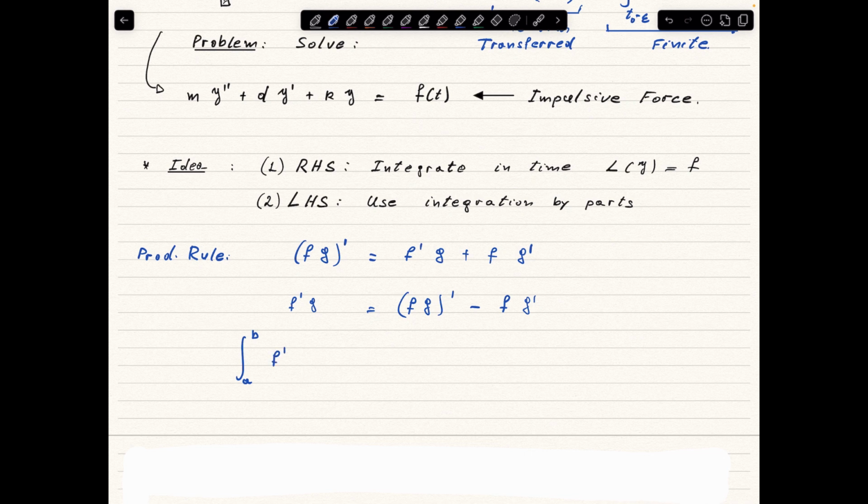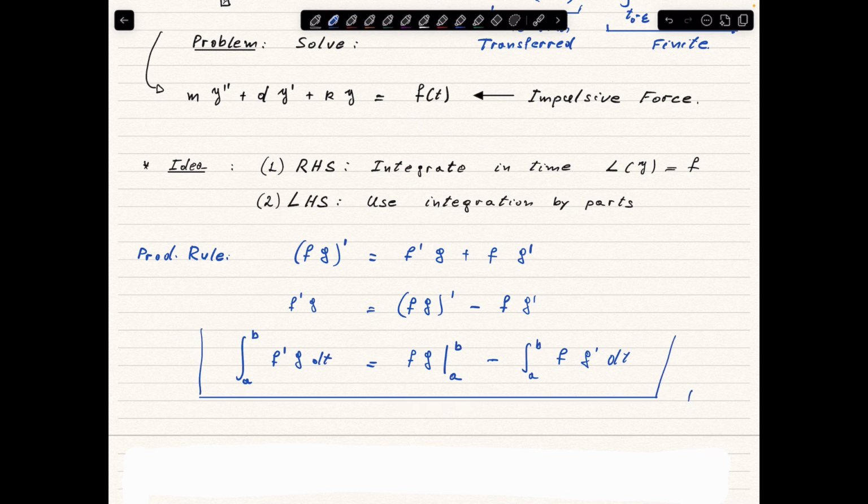Well, we are going to have the integral of f prime g dt, and on the other side is the integral of a total derivative, so it's going to be the original function evaluated at b minus the original function evaluated at a. This is the symbol for that. Minus the integral from a to b of the other term, f g prime dt. And this is the formula for integration by parts.